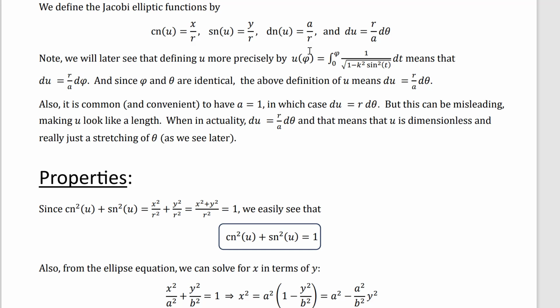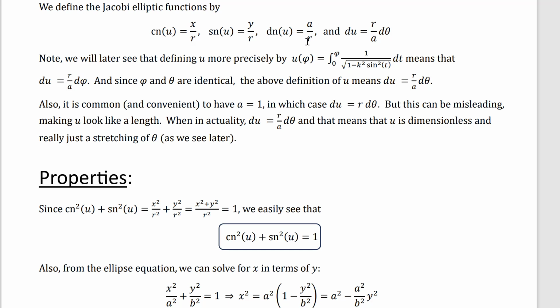And of course, as I mentioned, the convenient special case is to just fix the minor axis to be 1. So dn u would be 1 over r, but regardless, the most dn u can be is 1, because the least r can be is the minor axis. r can be the minor axis or larger.